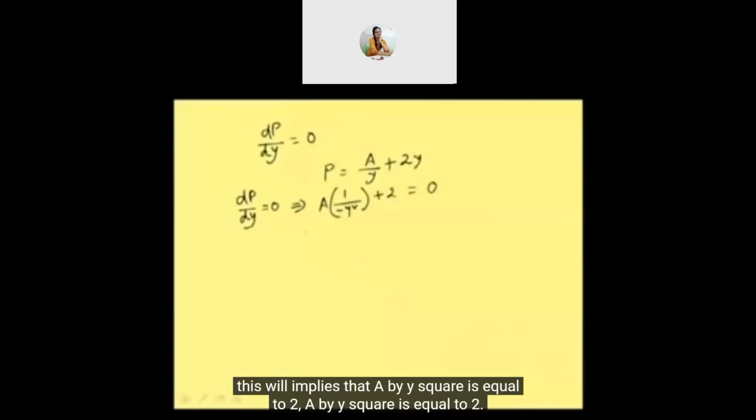So this will imply that A by Y square is equal to 2.